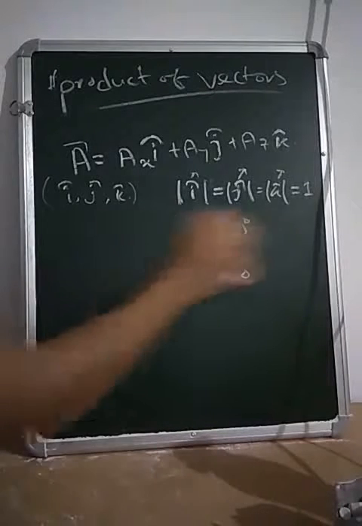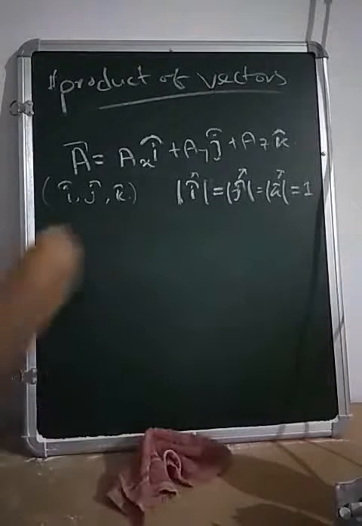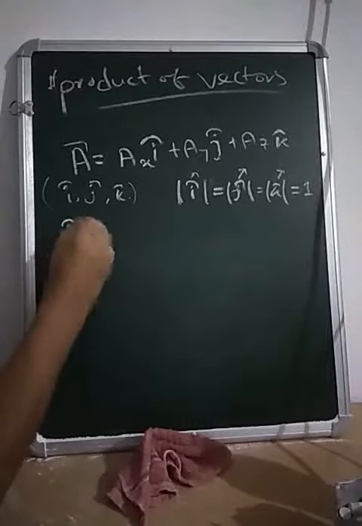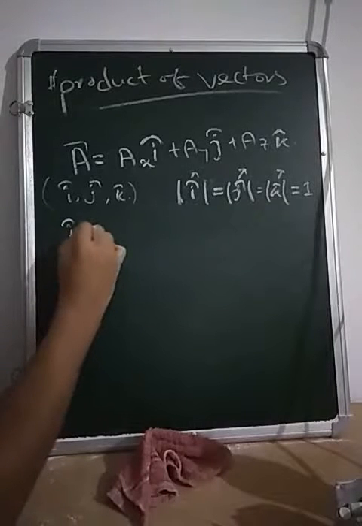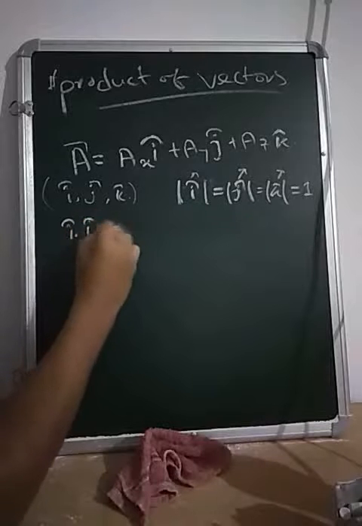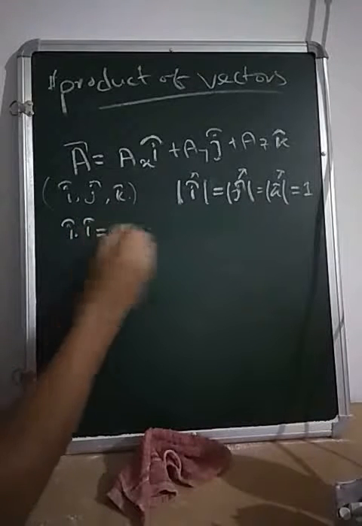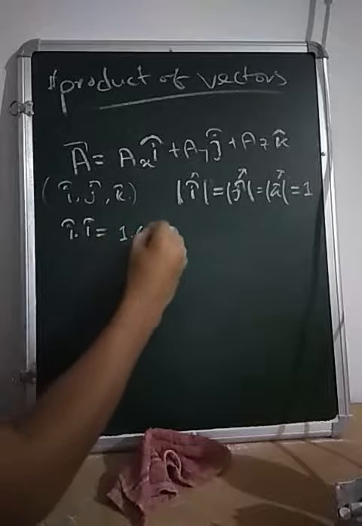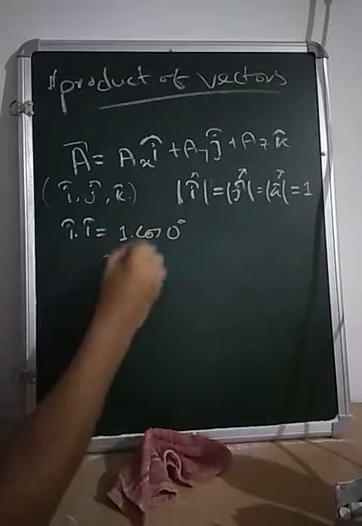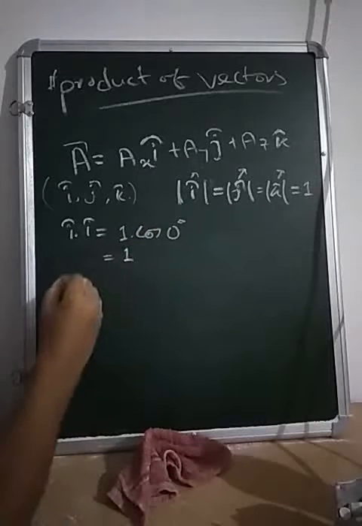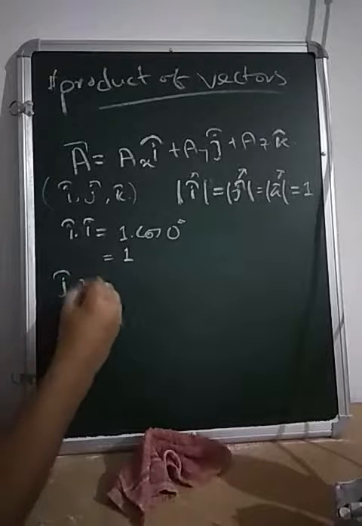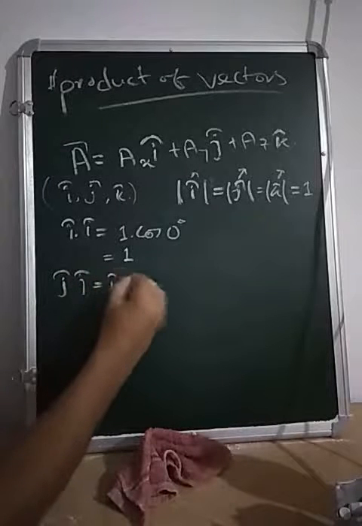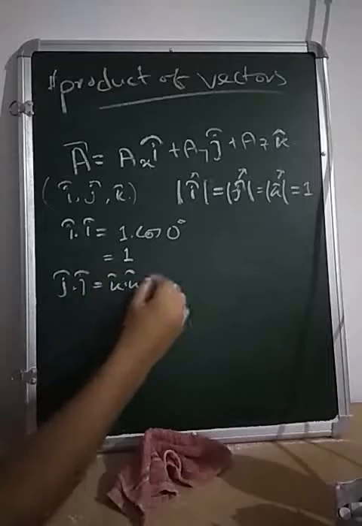Now suppose the dot product of two similar unit vectors. Suppose i dot i. So how much? The magnitude of i is 1, and the angle between them is 0 degrees. So the dot product will be 1. Similarly, j dot j is equal to k dot k is also 1.